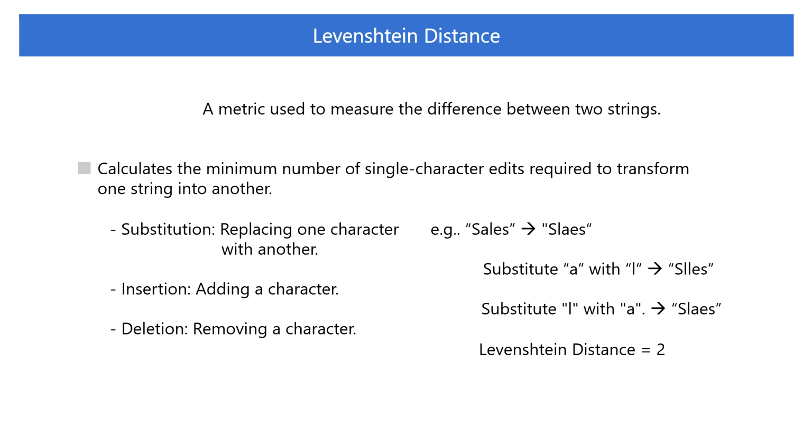Substitution is replacing one character with another. Insertion is adding a character. Deletion is removing a character. For example, the Levenshtein distance between cells and slice is 2, because it consists of two substitutions, A with I and I with A.